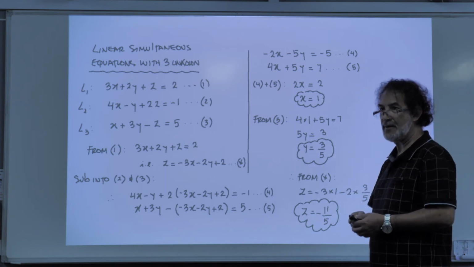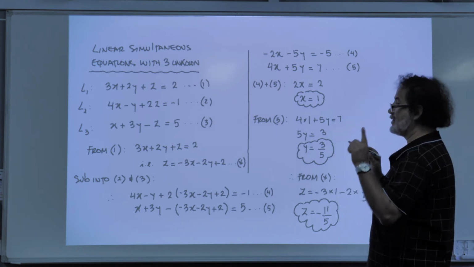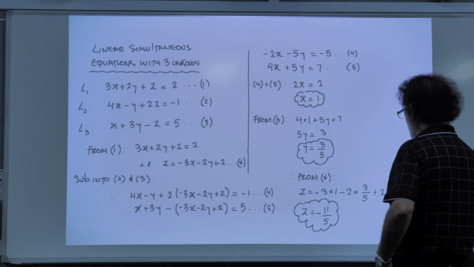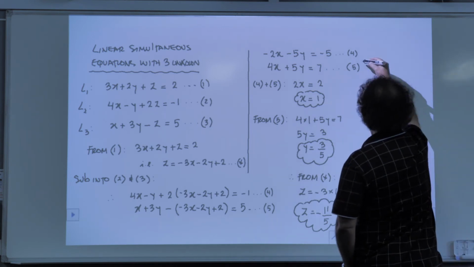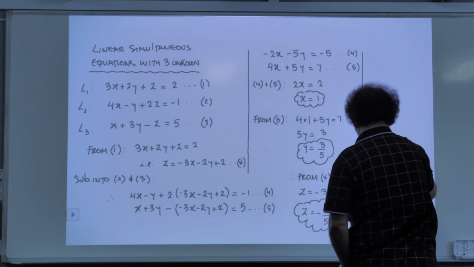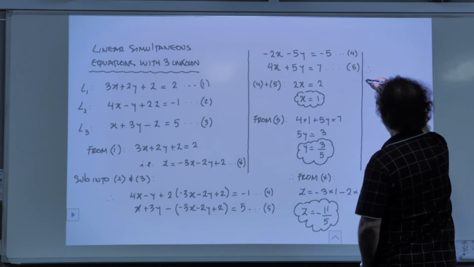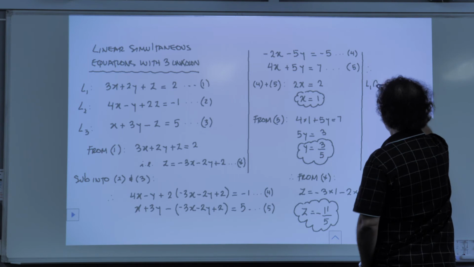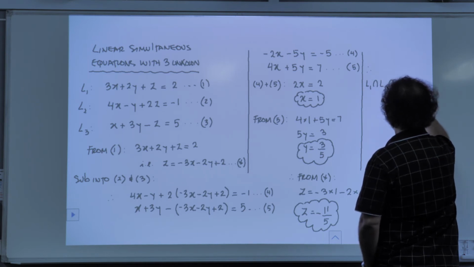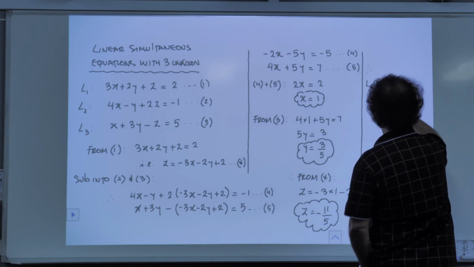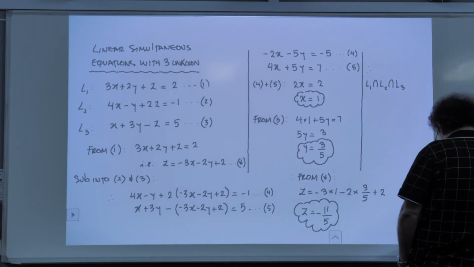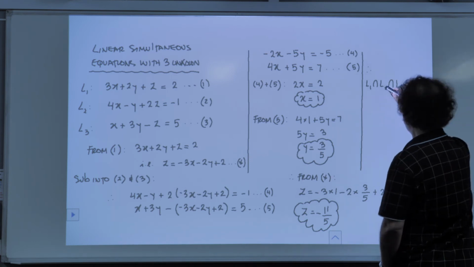What about the conclusion for this one? Good point. Okay. So we're going to say, therefore, line 1 intercept line 2 intercept line 3. Oh, that is a very bad 2. I want to change it.